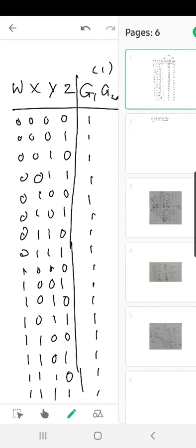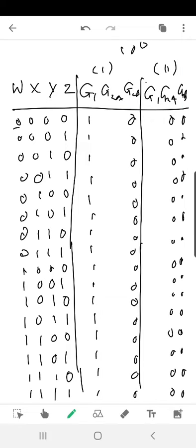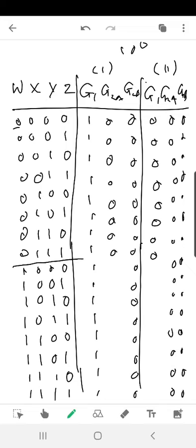So depending upon the value of W, the value of W is 0 in this case, so G2A will become 0 and G1 will become 0. Up to this value, the value of W is 0.